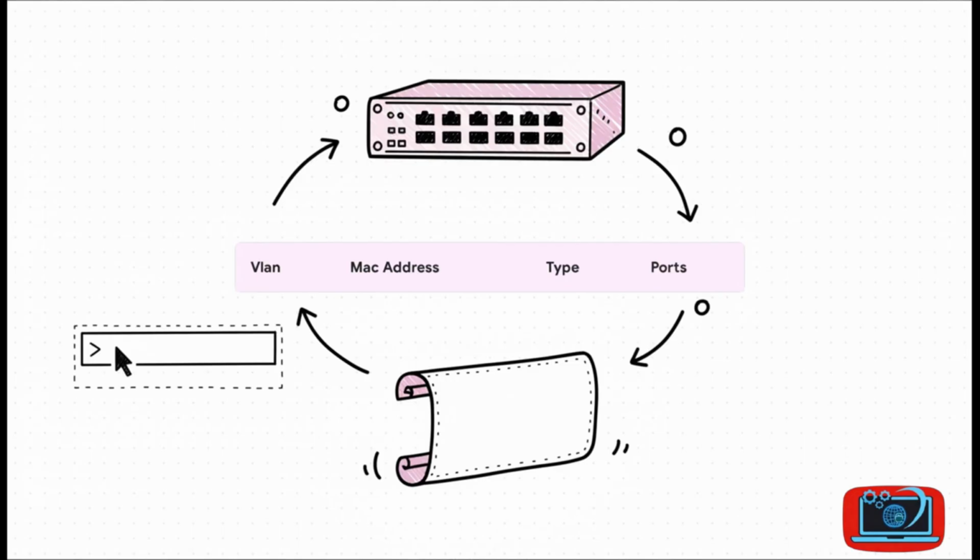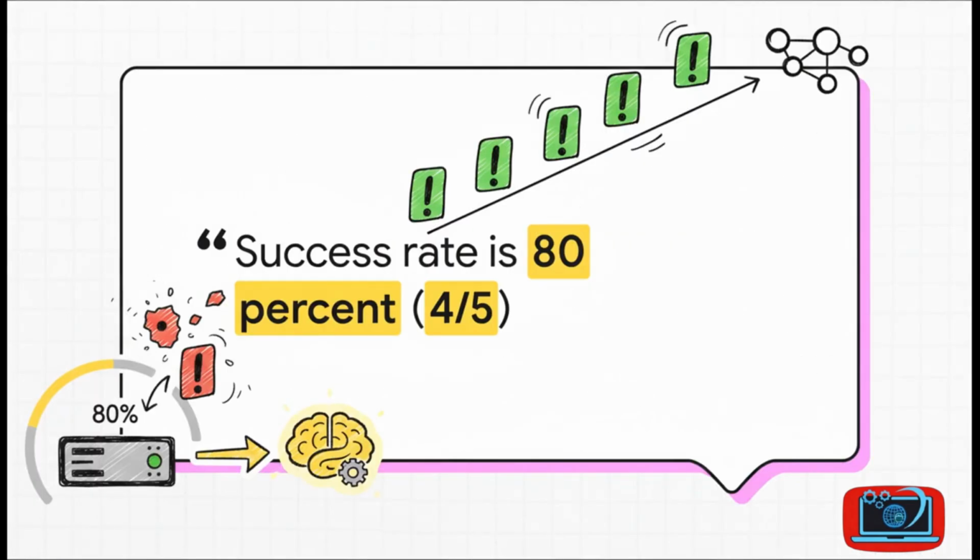And here's what that blank slate looks like in the real world. This is the command a network admin would type into a brand new switch. And the output? Nothing. The table is completely empty, a blank canvas, just waiting to learn about its new neighborhood. Now check this out. This is one of my favorite little nuggets from the source material because it shows you the learning happening in real time. A technician sends 5 little test packets, called pings.